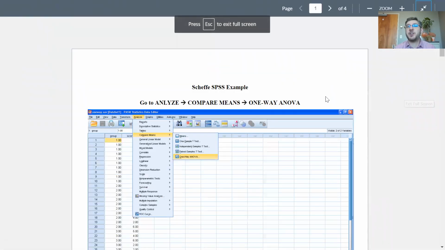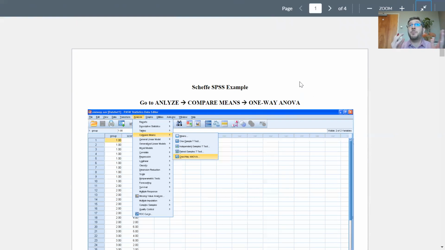This document talks about using the Scheffé post hoc test for a complex comparison, and you'll read about what that is in the notes. We generally think of pairwise comparisons: is group 1 different than group 2? Is group 1 different than group 3? A complex comparison would be, is group 1 different than both groups 2 and 3 together?